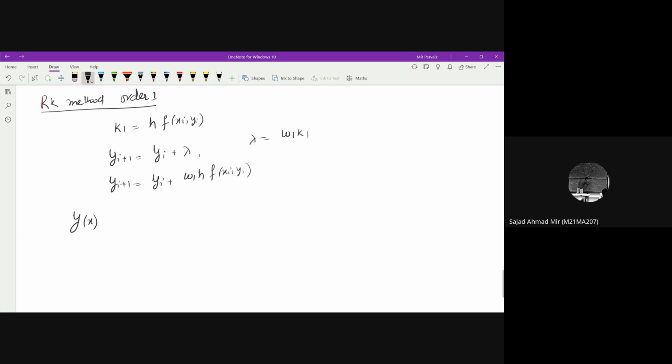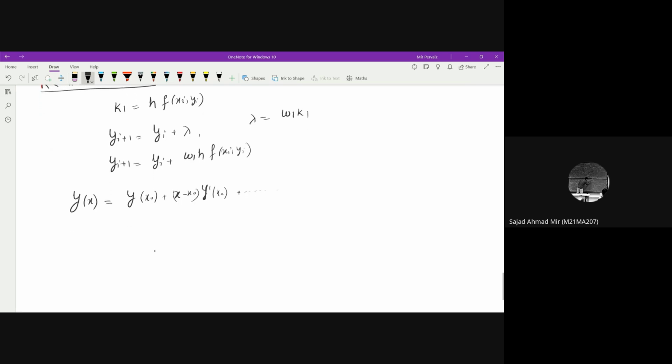What our Taylor series approximation says is that y of x can be written as the value at y0, plus (x minus x0) times f. This is the Taylor series approximation of y of x in general.